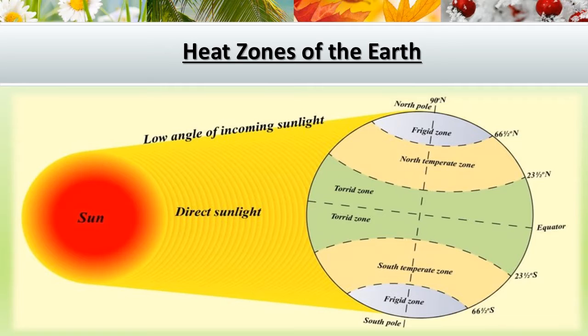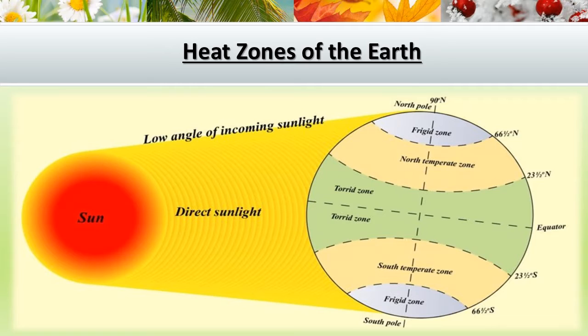There is a gradual fall in the temperature as we move away from the equator towards the poles. In the polar regions, the sun's rays fall in a slanting way. Therefore, these areas are very cold. They are called the cold or frigid zones.